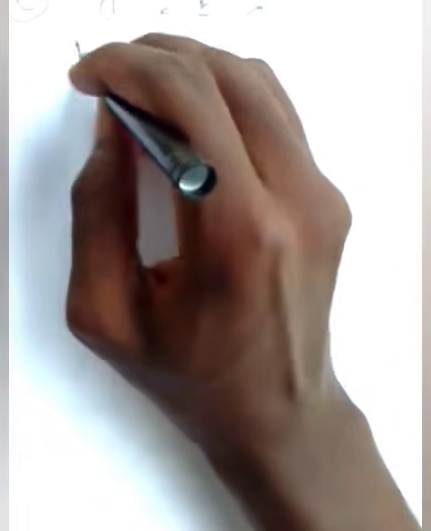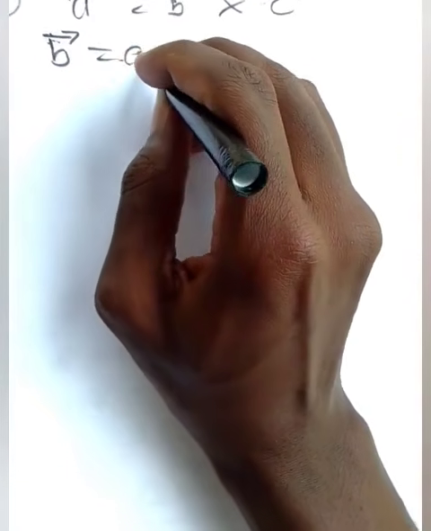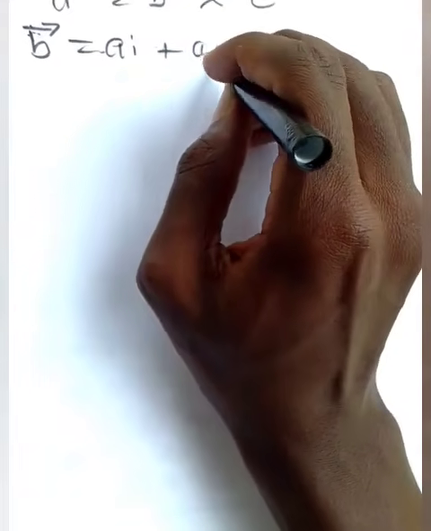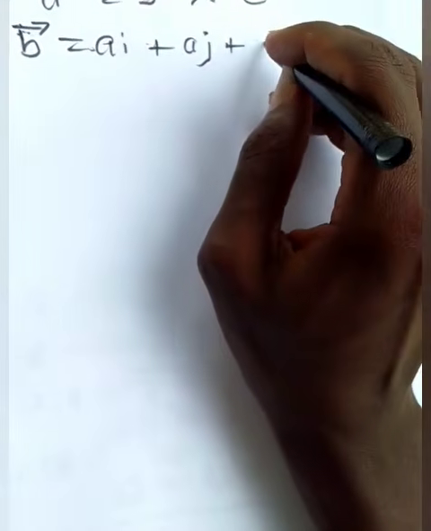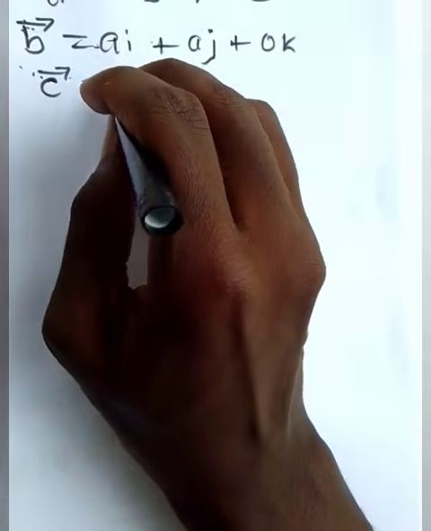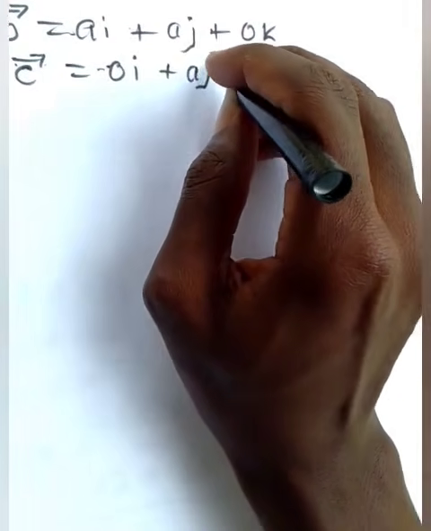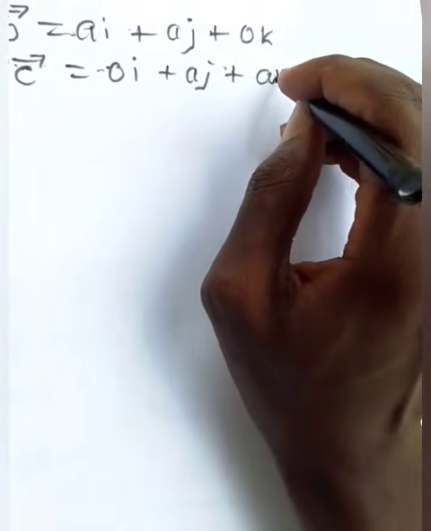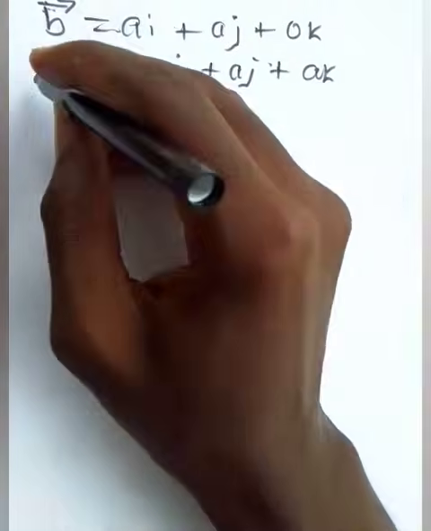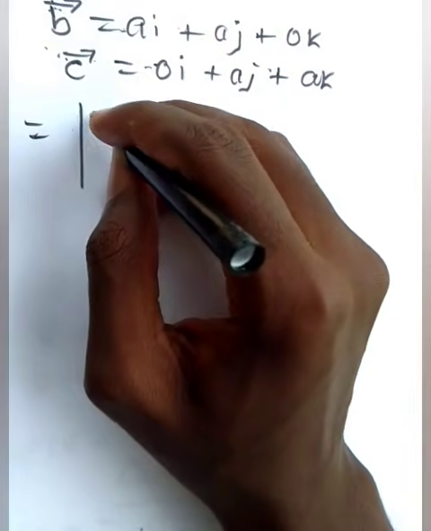So try to recall that we found vector b, if you remember. Now for us to find the cross product, we are going to find some sort of determinant.